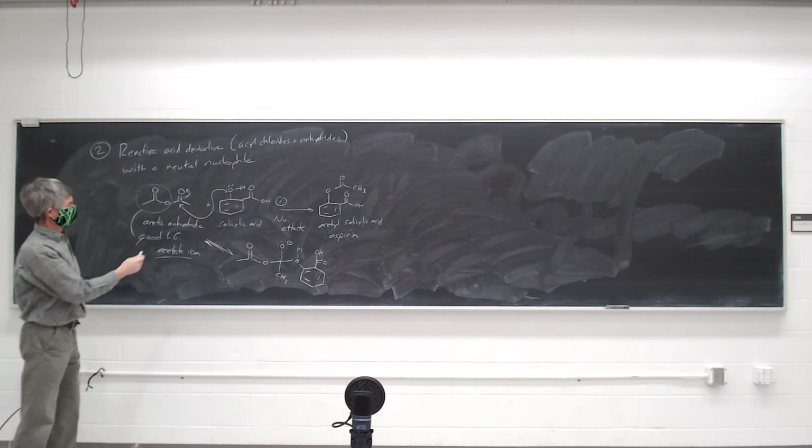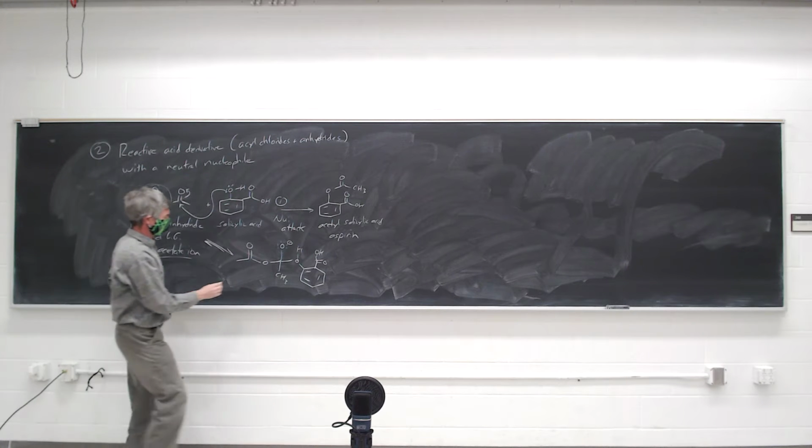The carboxylic acid group on the salicylic acid is just along to the right.